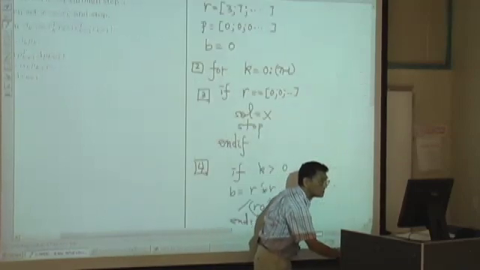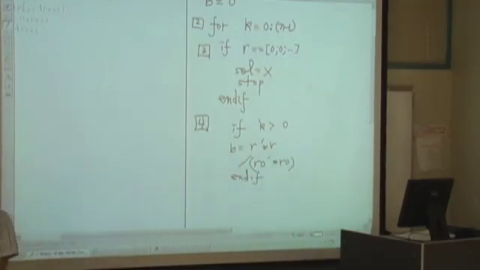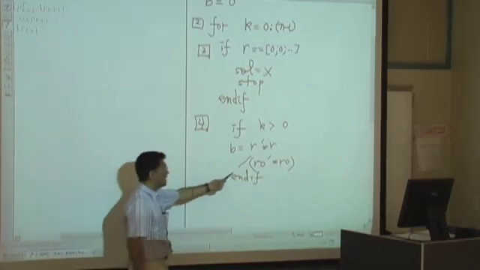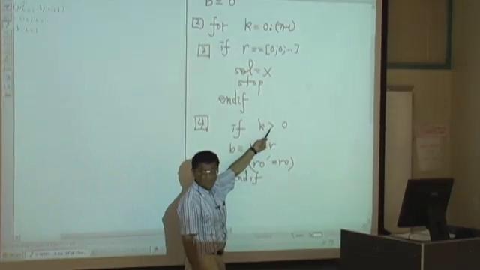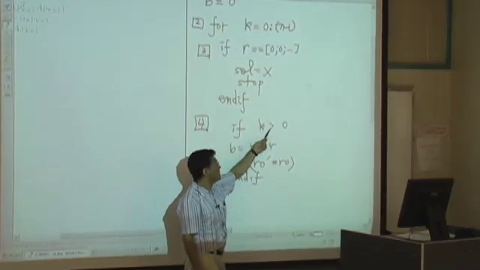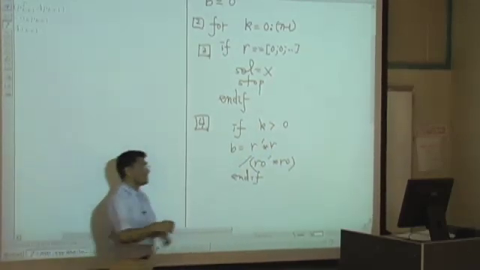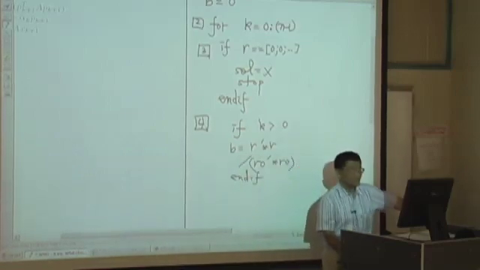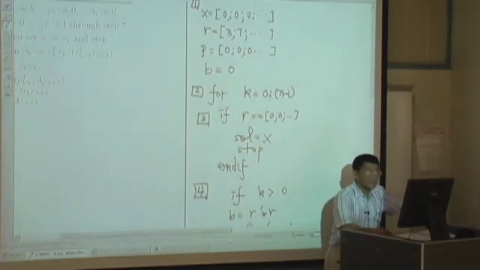Because R old itself is not even defined, right? But as you can see, if k is equal to 0, it doesn't even come into this place, right? But it's a good idea to have this kind of thing defined, because if we don't define it, it may complain, right?